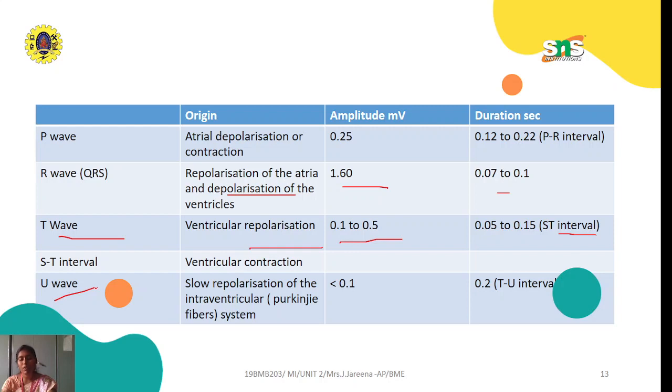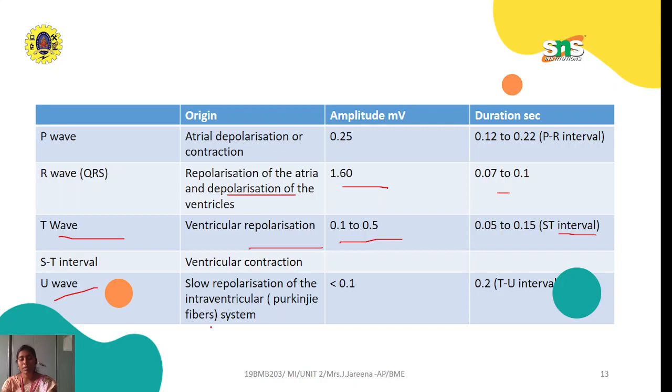This wave will vary from person to person. Some persons will have this type of wave, but it is not much of a concern when a person has this U wave. If you witness the U wave in any ECG waveform, it represents slow repolarization of the intraventricular system, that is the main function of the Purkinje fibers.